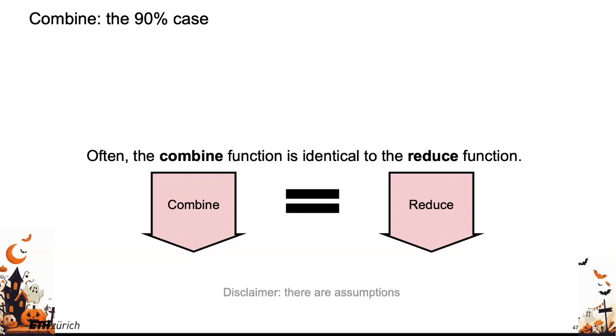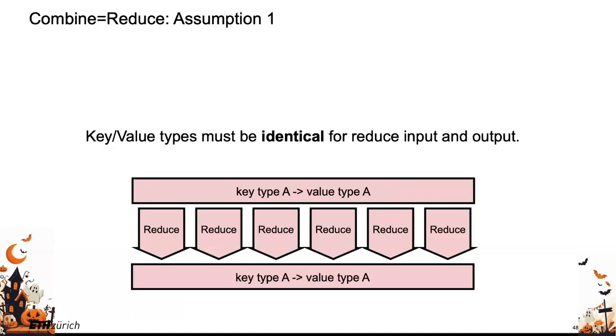But there are two assumptions under which we can actually do that. The first one is we must have the same types for the intermediate and output key values. Otherwise, it doesn't make sense, right? Because you cannot use the reduce function to map intermediate to intermediate, because intermediate to intermediate must be the same type.